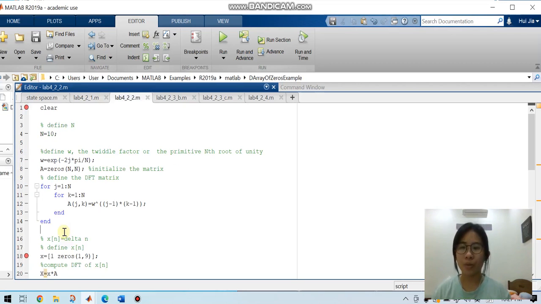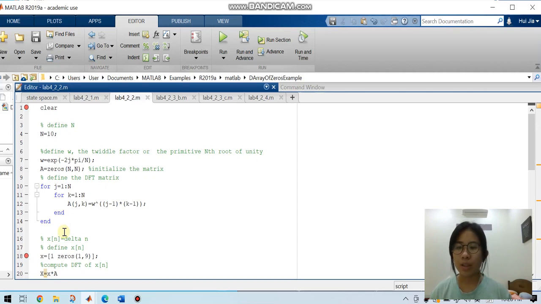In part 4.2, question 2, the matrix A is used to compute the DFT of signals. At first, n equal to 10 is defined and W is equal to exponential in bracket minus 2j times pi over n, which is the twiddle factor or the primitive n-th root of unity.